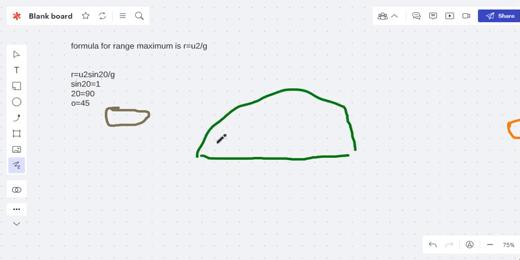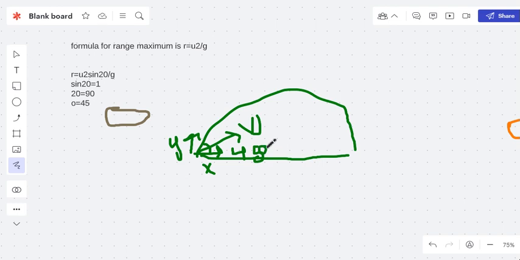Okay, right? So this is u cos theta, x direction. This is y. This is the initial velocity u. So this 45 degree will be the maximum angle at which the range of the body will be maximum.